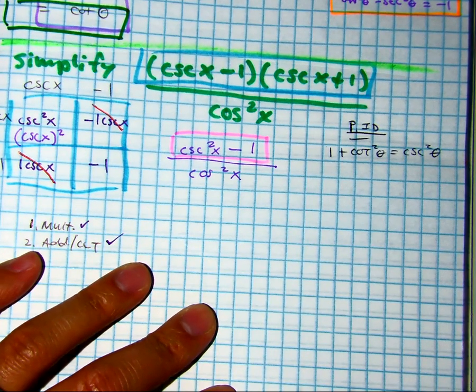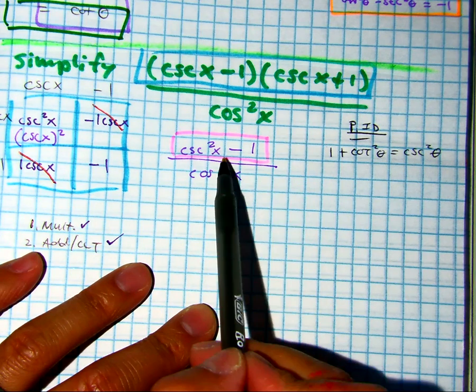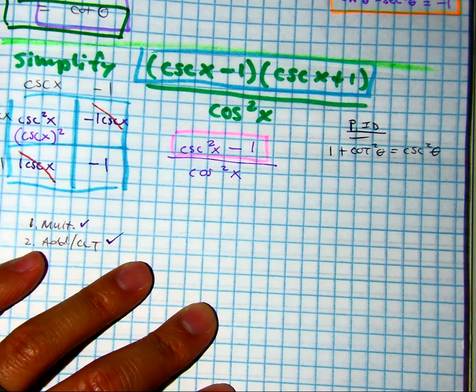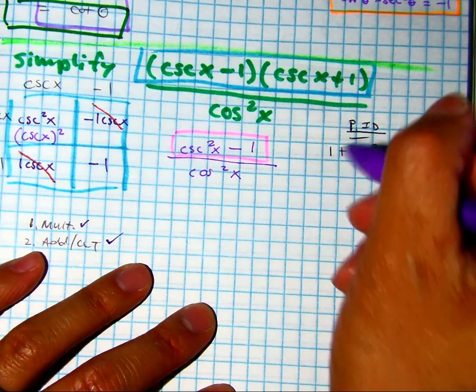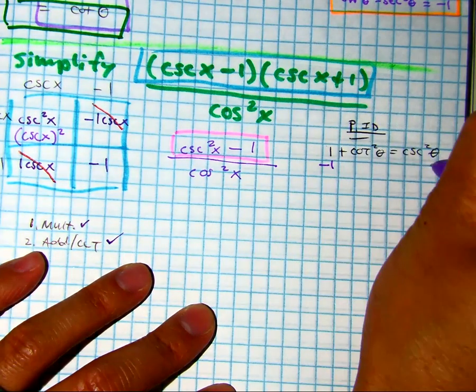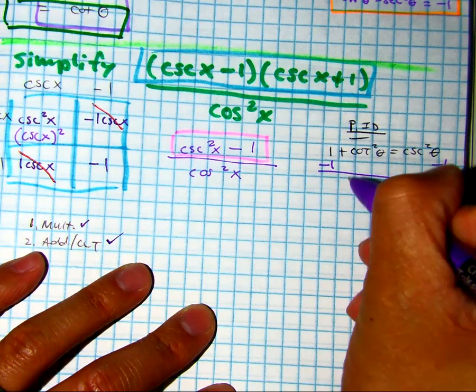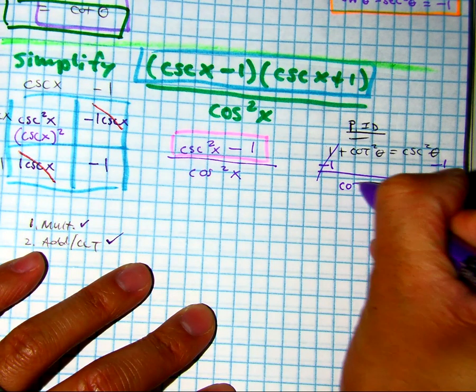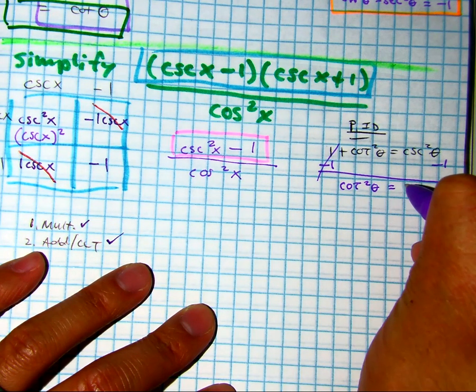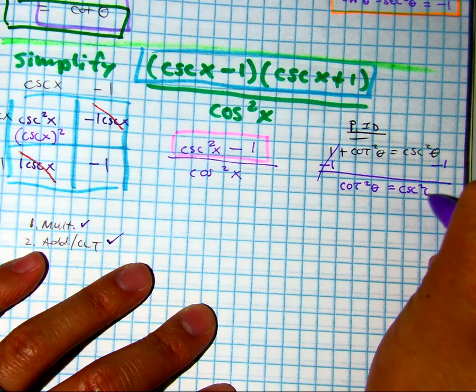Class, how can we make ours look like this? If we subtract 1 from both sides, I'm left with cotangent squared theta equals cosecant squared theta minus 1.